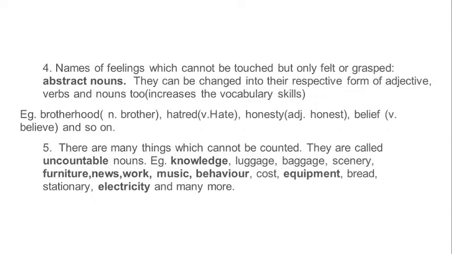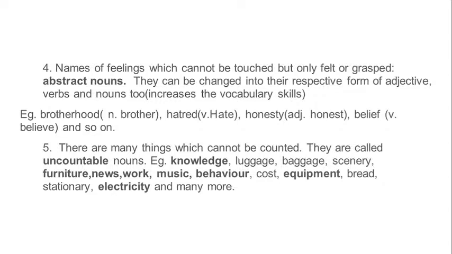Okay, the next is hatred. See, hatred, it comes from the verb hate. Okay, next is honesty. Honesty is an important abstract noun. It comes from the adjective honest. Then belief. Belief is important. Don't get confused between belief and believe with a V, and look out for the errors very carefully because you have to know these differences.